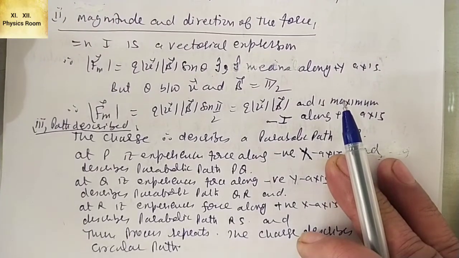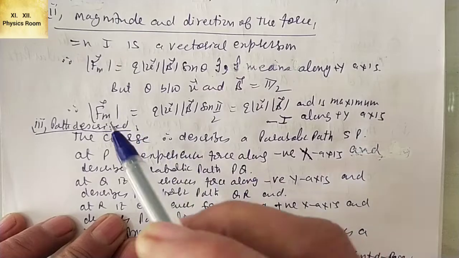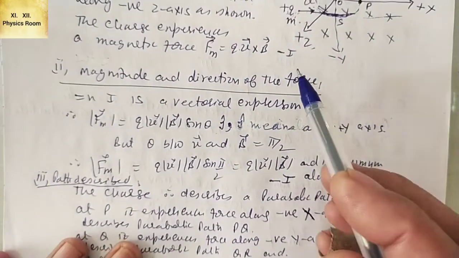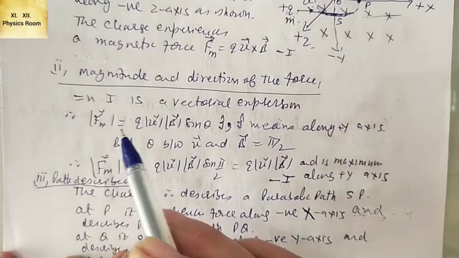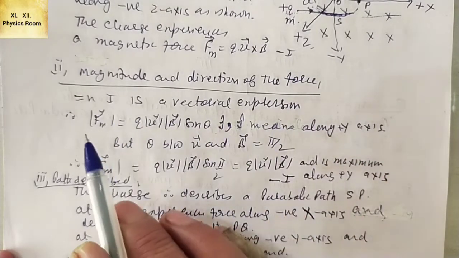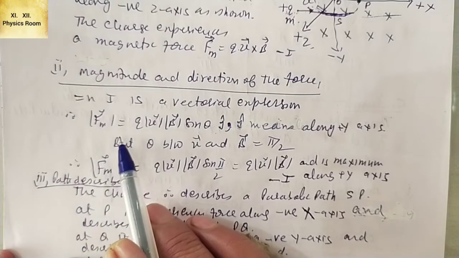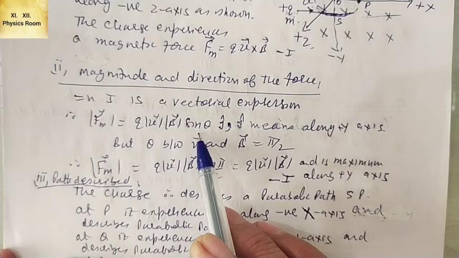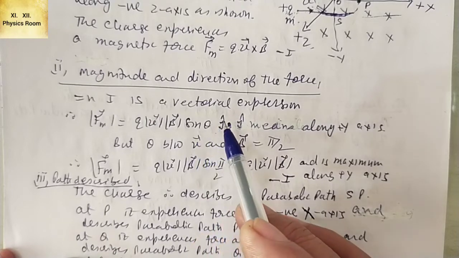Now the magnitude of the force: equation 1 is a vectorial expression and can be expressed as mod Fm is equal to q mod v mod B sin theta times j cap.